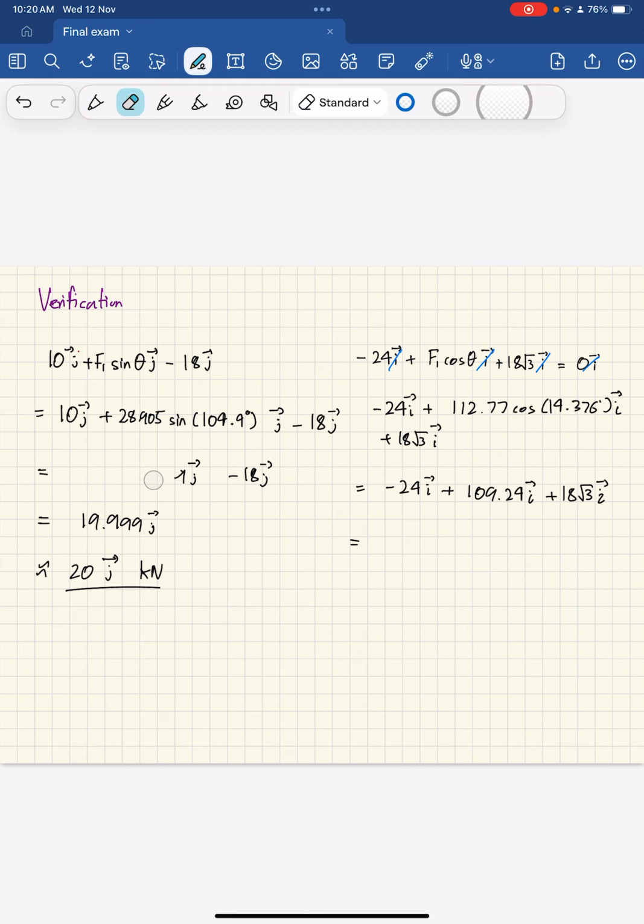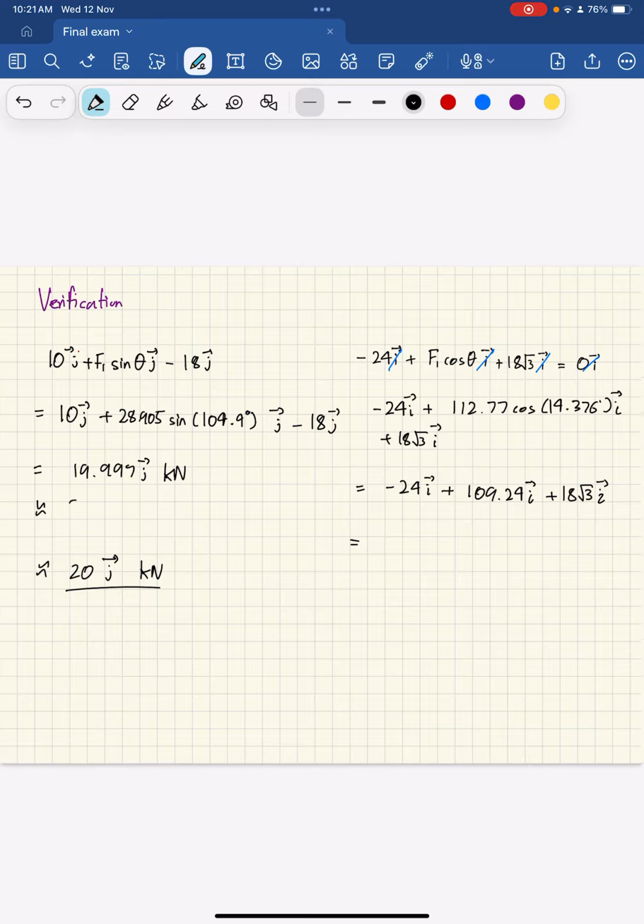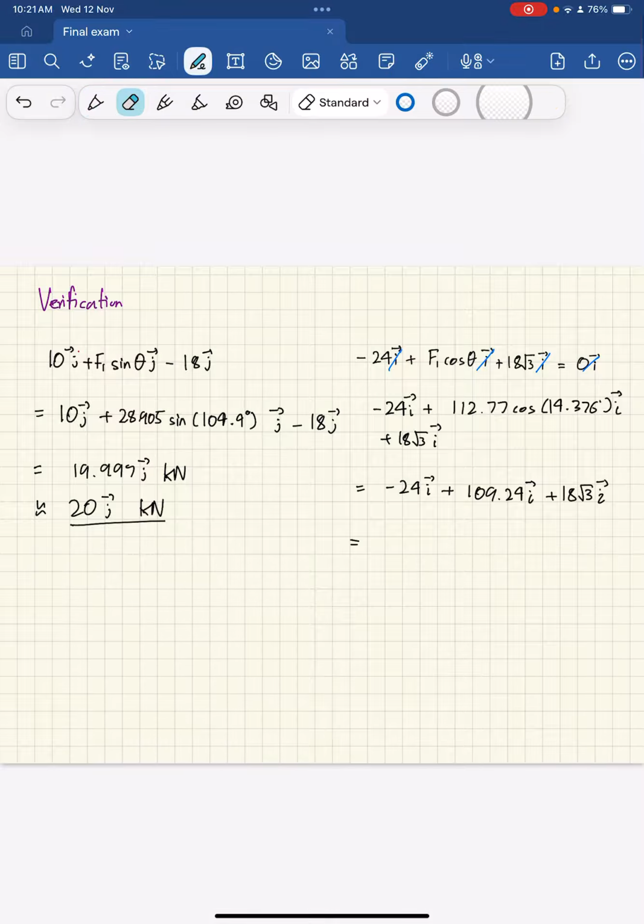So all in all, if you compute it, you would get about 19.997 j, which is very close to our 20 j kilonewton. So this is the idea behind it. Then for x, we're interested in x.